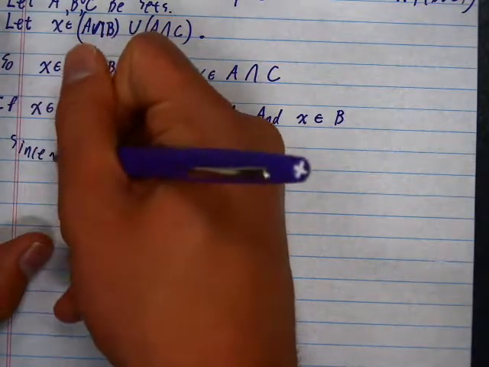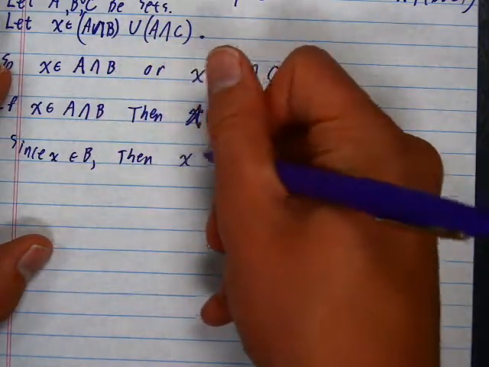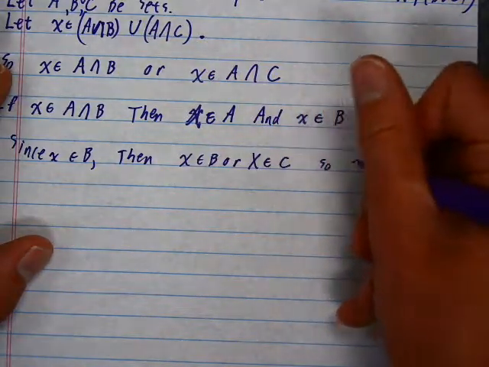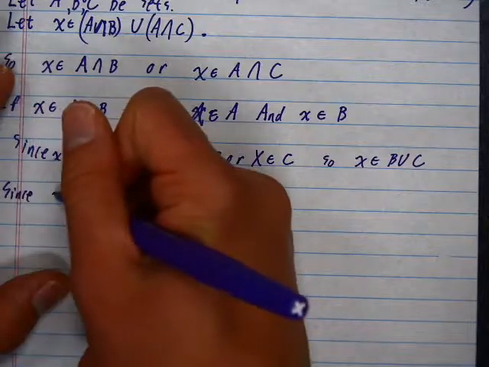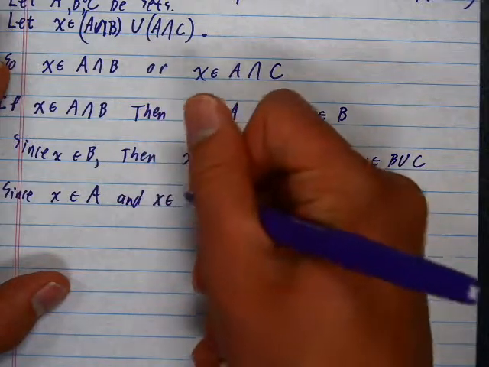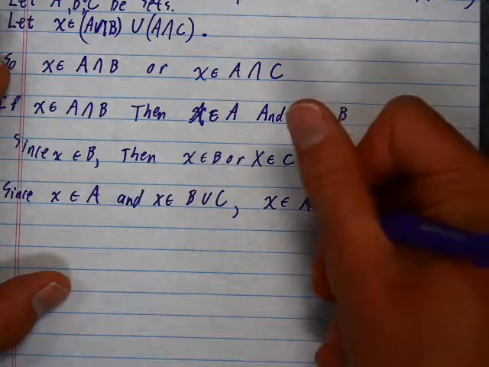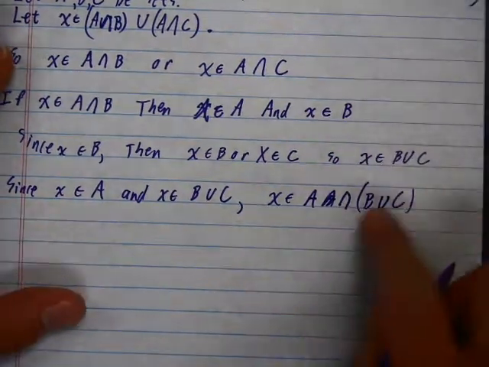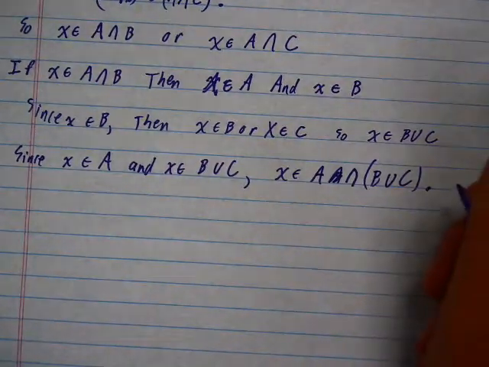Since x is in B, it follows that x is in B or x is in C, so x is in B union C. Since x is in A, as we already concluded, and x is in B union C, that means that x is in A intersect B union C. These parentheses do matter. Which is exactly what you needed to conclude, except that you've only dealt with one case right now.